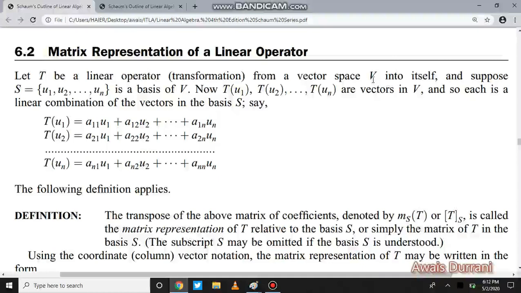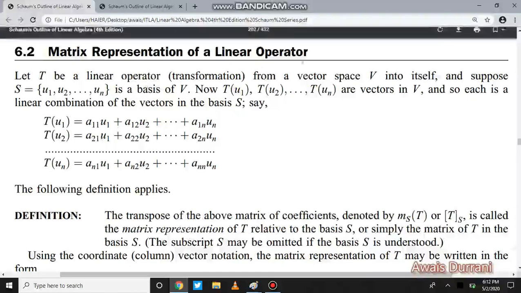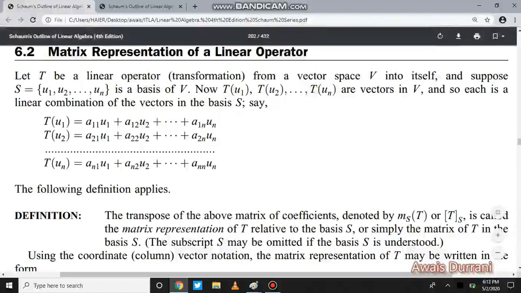Now, as we have said that this is a basis of V and all these elements are elements of V, each of these elements can be written in the form of a linear combination of U1, U2 up to UN. Let me represent T(U1) as a linear combination of the elements of this set.